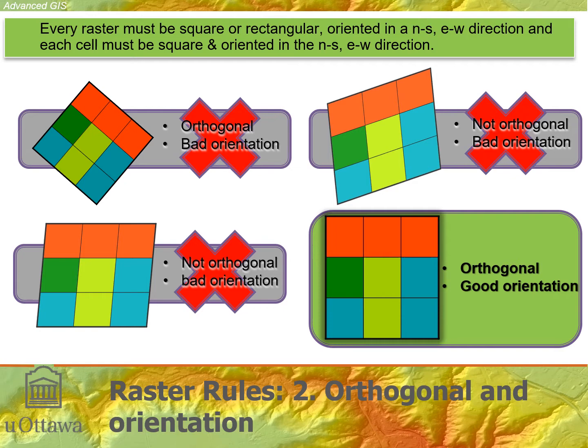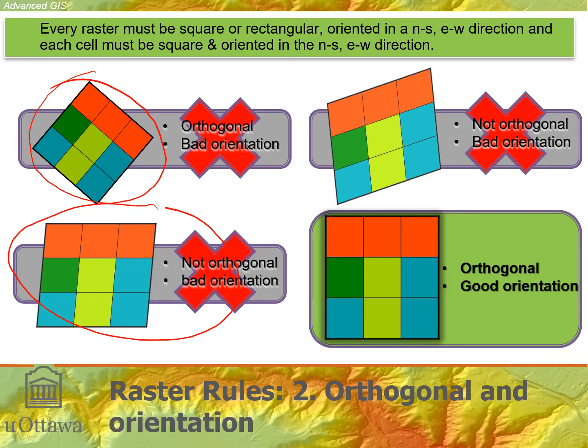We have something which is like this. It has a bad orientation, but the cells are orthogonal. That means that the boundaries between the two cells, or the sum of the angles, or the internal angles of each corner of the cell, are 45 degrees.